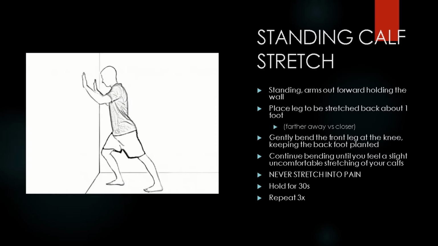I want to point out a little difference between how far you should put your foot back. I suggest starting about 1 foot, and then slowly progressing that back leg farther. Now you'll feel a bit more of a stretch the farther away you place that back leg, as well as the more you bend at the knee in the front leg.